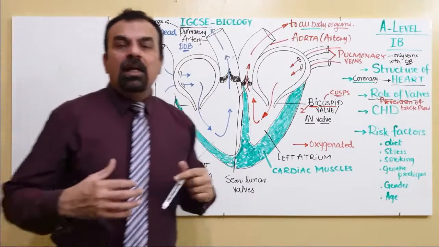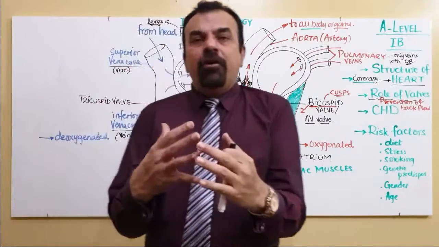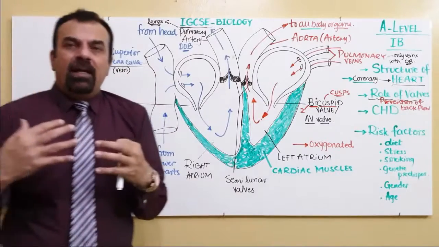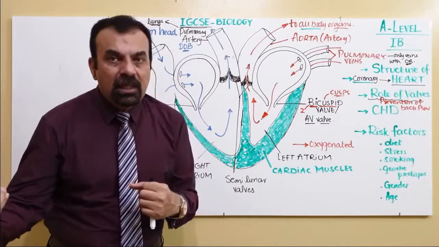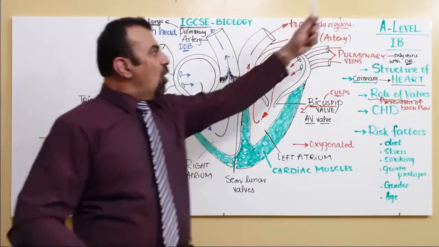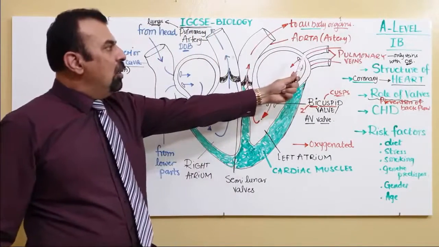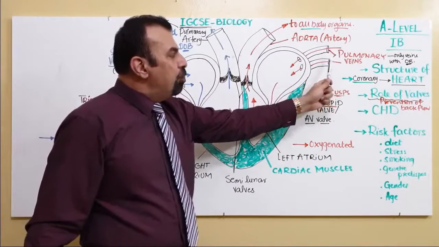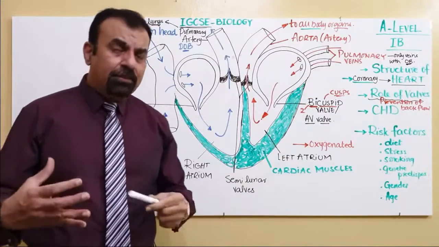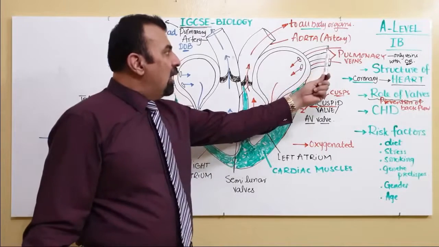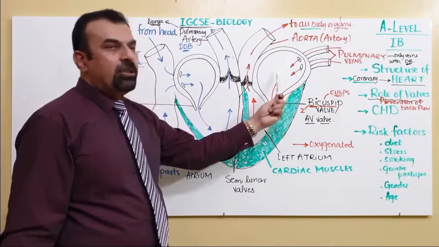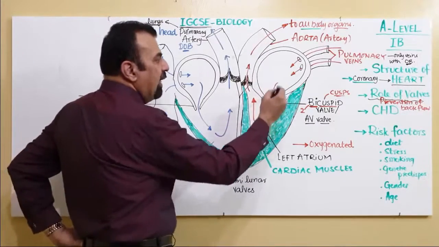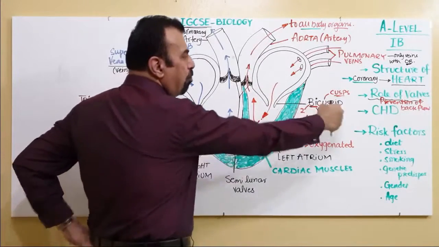What do lungs do? Lungs oxygenate blood. Lungs convert the deoxygenated blood into oxygenated blood by removing carbon dioxide, adding oxygen. This oxygenated blood is coming back from the lungs through pulmonary veins. These pulmonary veins are going to bring the oxygenated blood back into the left atrium. And this left atrium is going to contract, and then the blood will enter after passing through the bicuspid valve.